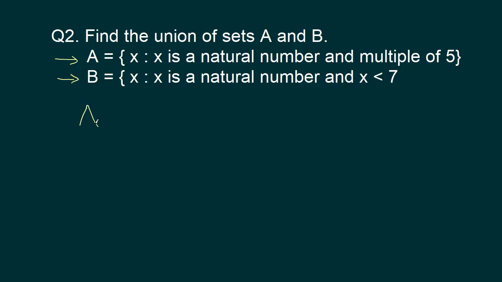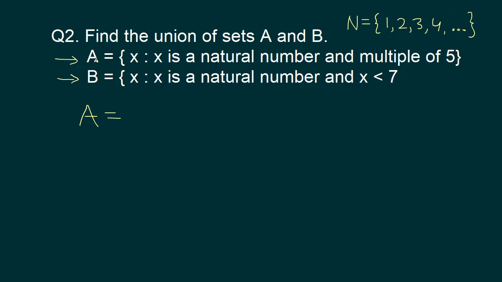So A will be equal to, so A contains element X where X is a natural number and is a multiple of 5. So let's quickly review what is a natural number. Well, natural number is a collection of numbers like 1, 2, 3, 4, so on and so forth. So these are natural numbers.